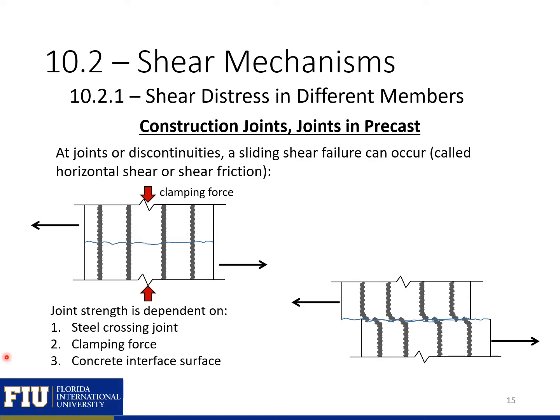And it's dependent on the amount of steel crossing the joint, the clamping force, so any external force that's perpendicular to the joint that's clamping the two pieces together, and also the concrete interface surface and the concrete strength will affect the joint strength.